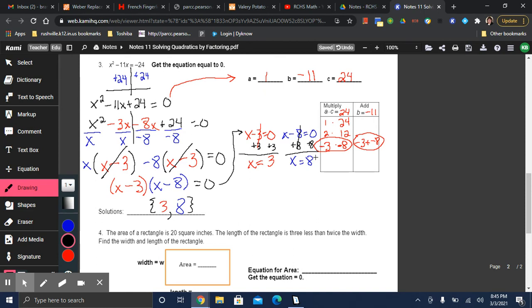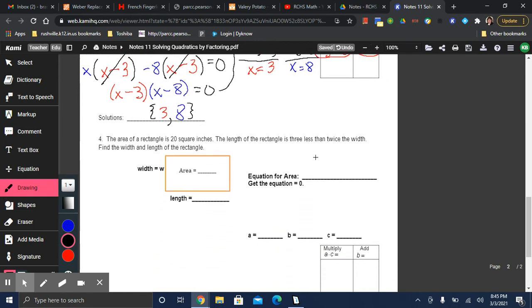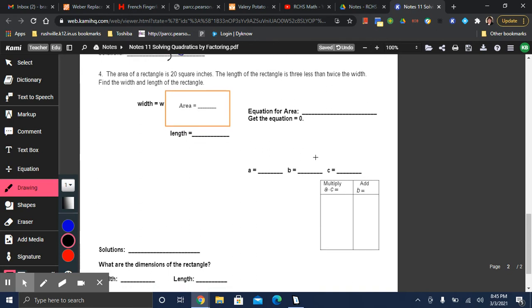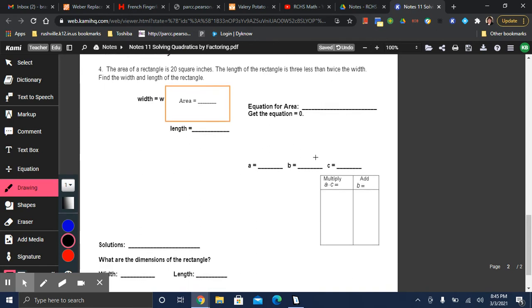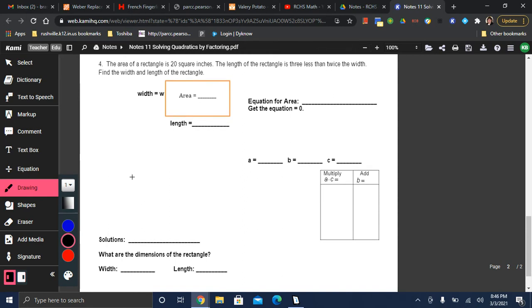All right, and then we have one application, and I am encouraging you to do this application. We have not really concentrated very much on these, and it does show you where you might use these, at least a little bit of an idea.